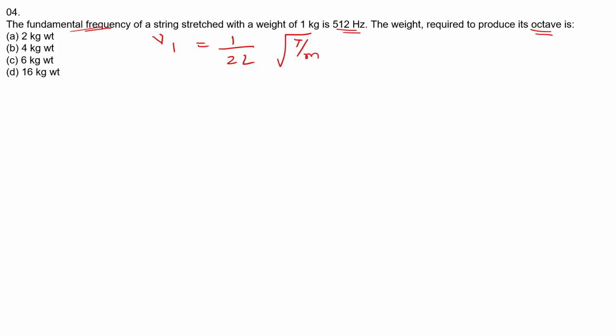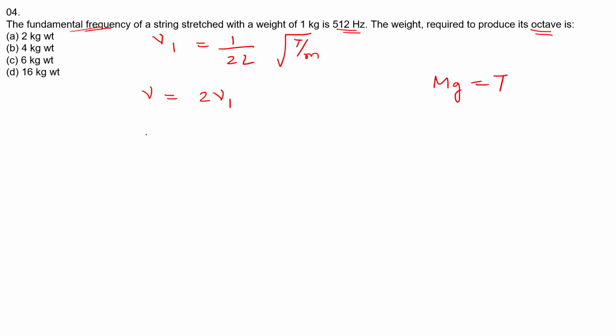If we are using 1 kg to make fundamental frequency of 512 Hz, then its octave will have the frequency double of this fundamental frequency. So to generate a standing wave of this frequency, the question is how much weight is required. When we give this weight, m times g is giving us the tension, right?